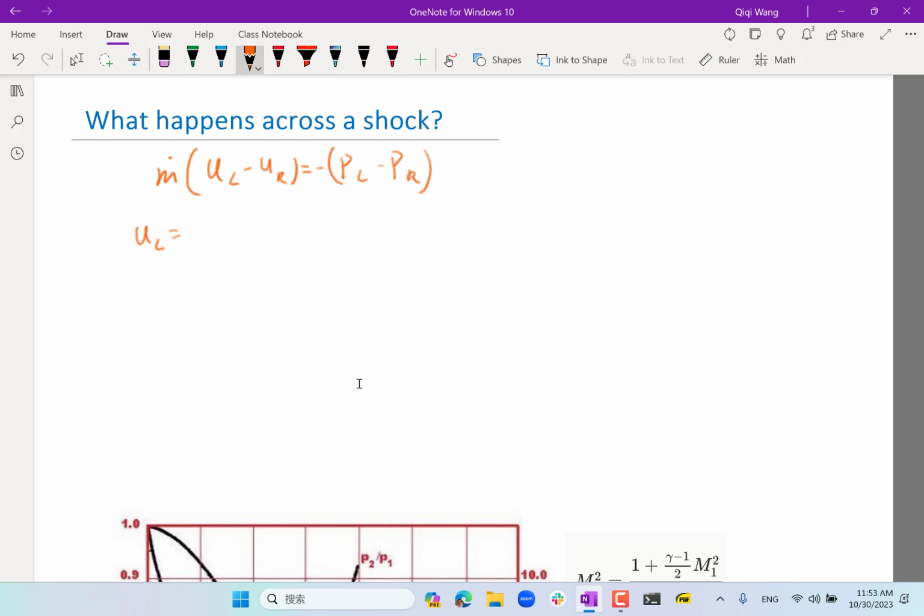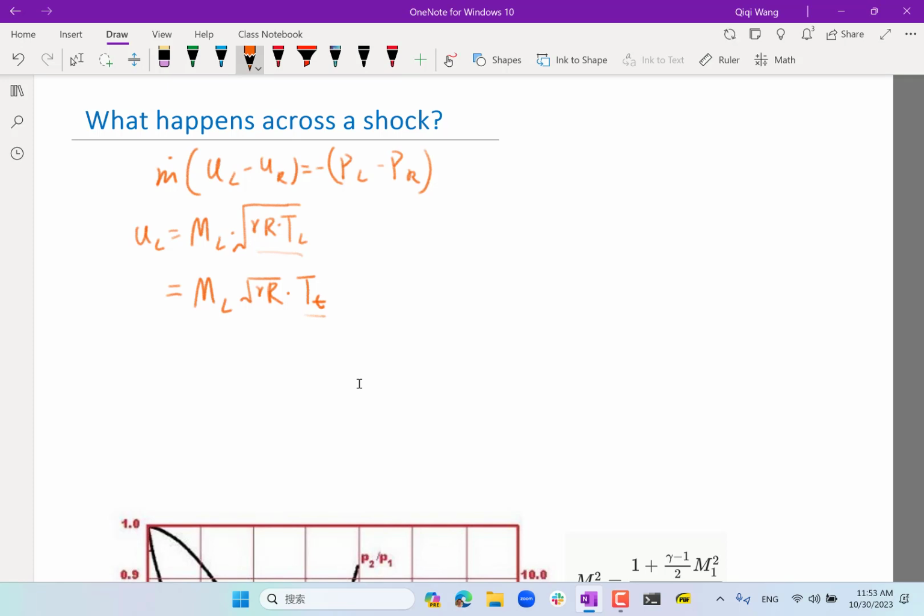Where UL is equal to the Mach number on the left times the square root of gamma P over rho, but gamma P over rho can be written as gamma R times TL, the temperature. Because we know that stagnation temperature is constant, we would like to represent everything in terms of temperature. That makes things easier. So this is equal to ML times square root of gamma R times the stagnation temperature, let me just write as TT.